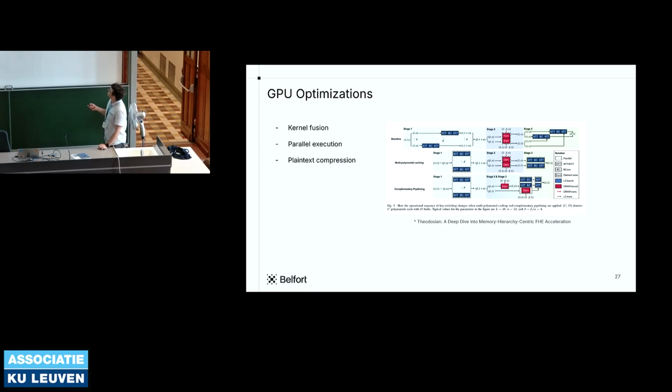Another thing that you can do is kernel fusion. When you work on the GPU, you have these kernels which are executed, and so kernel fusion is basically, if you chain two operations, you fuse them into a single operation to avoid data movement.